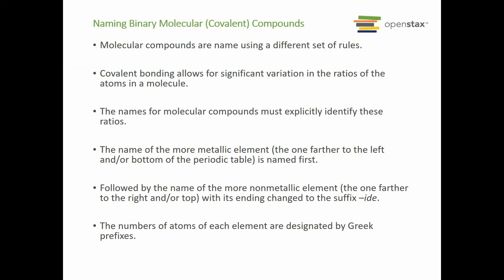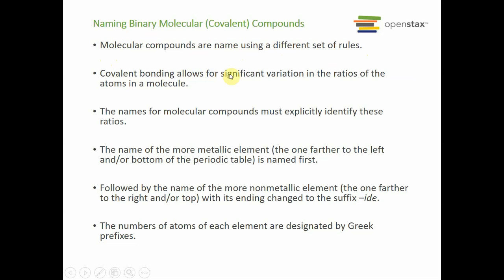Naming binary molecular covalent compounds. Now this is where a bond is formed. And because a bond is formed, you can't simply rely on neutrality in order to determine what the formula for the compound is. Molecular compounds are named using a different set of rules.